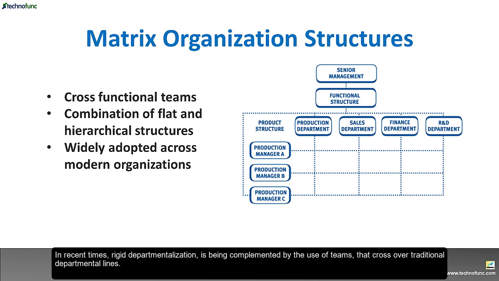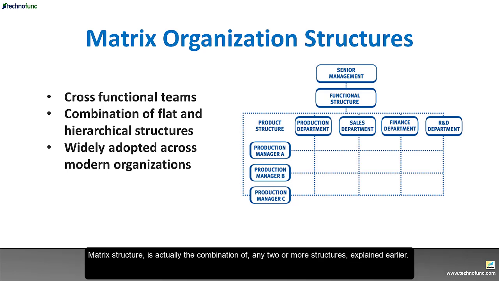In recent times, rigid departmentalization is being complemented by the use of teams that cross over traditional departmental lines. As a result, two types of organization structures have evolved: matrix organization and the network organization. Matrix structure is actually the combination of any two or more structures, explained earlier.